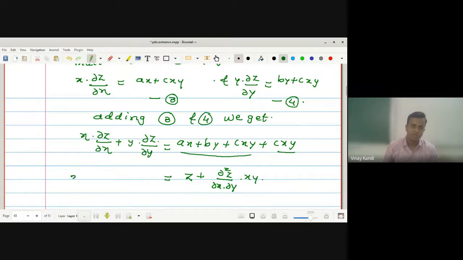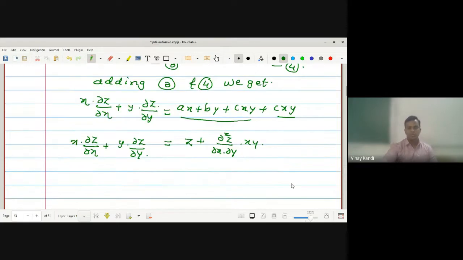So x ∂z/∂x plus y ∂z/∂y is equal to z plus ∂²z/∂x∂y into xy. So this is the partial differential equation of order greater than 1, if the number of arbitrary constants is greater than the number of independent variables. Any doubt up to here?